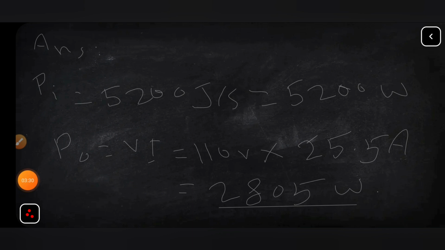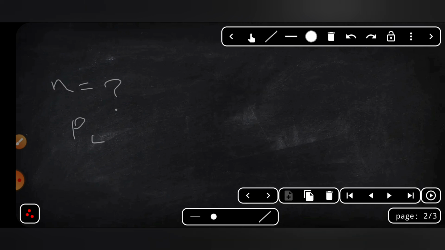So now that we have found our output power, we are one step closer to finding what we are exactly required to find, and the first thing is output energy percentage. So let me go to another page. Okay, here I have to clear this out. We are to find the efficiency.